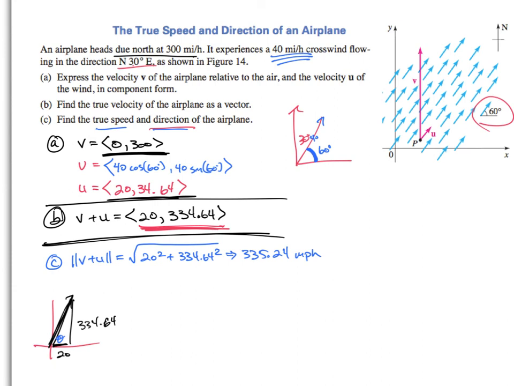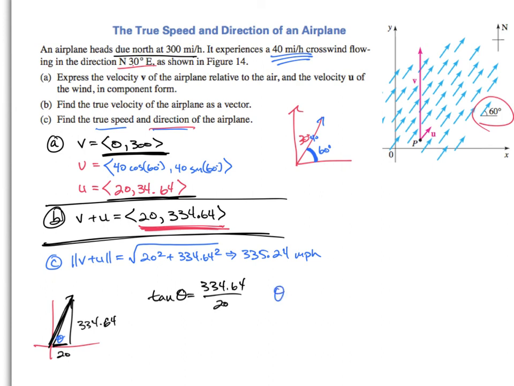And so what trig function do I use? Tangent. So now I have tangent of theta, which would be equal to 334.64 over 20. And then how do I get to theta? I arctan it.